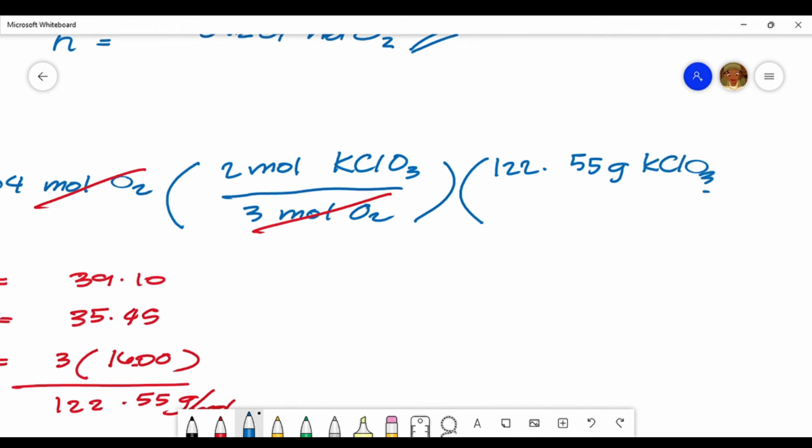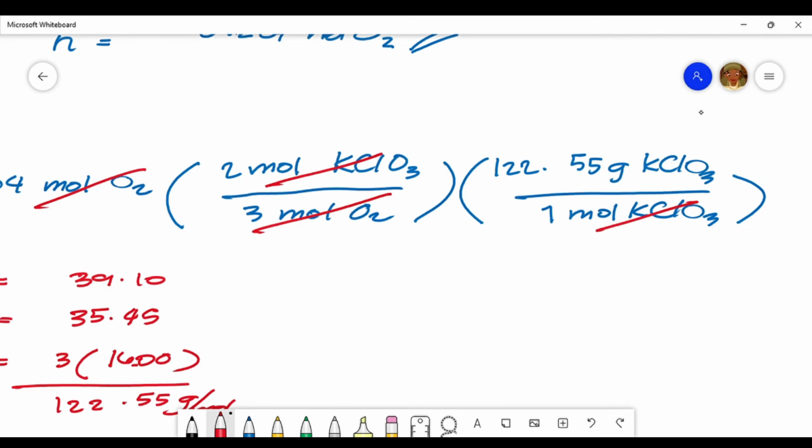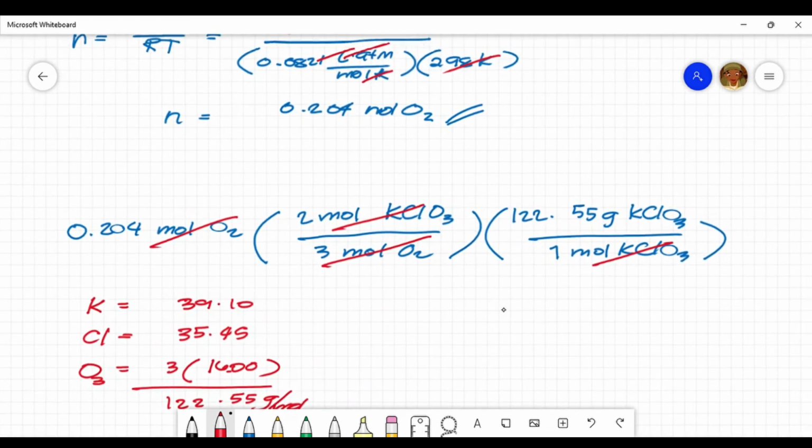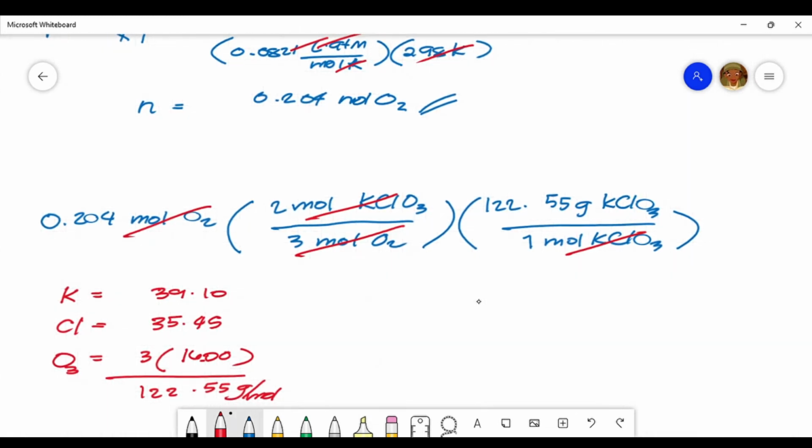There is 1 mole of it, KClO3, and we cancel this one and this one. So the final answer, if we multiply all these values, would be 33.4 grams of KClO3.